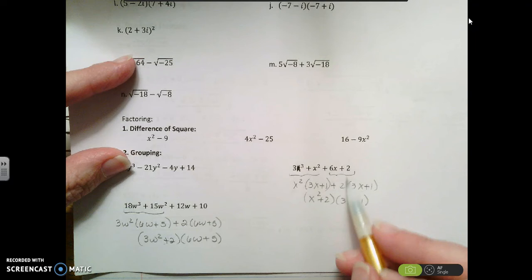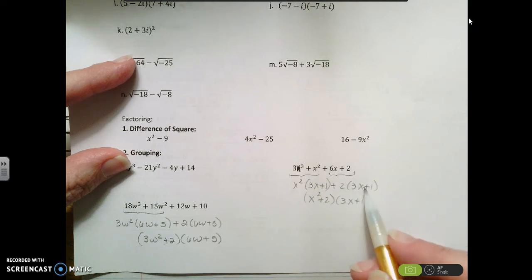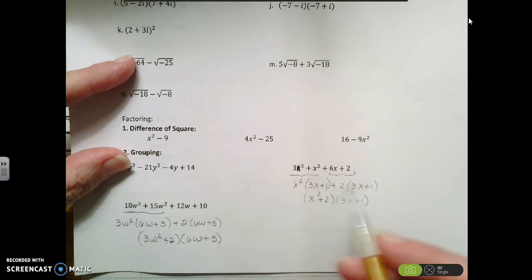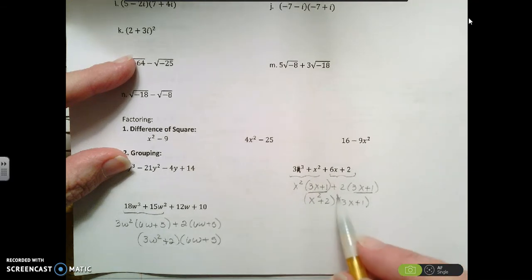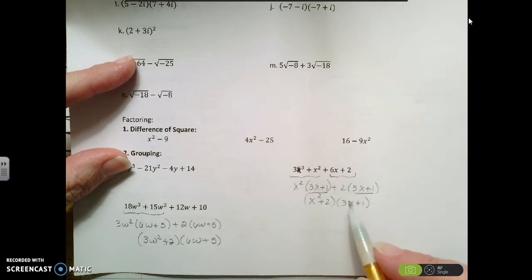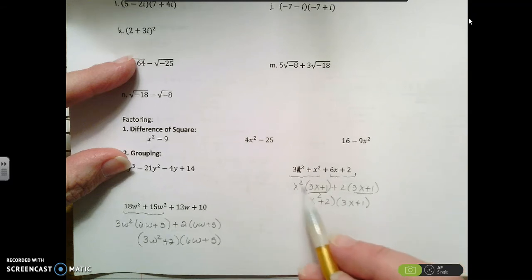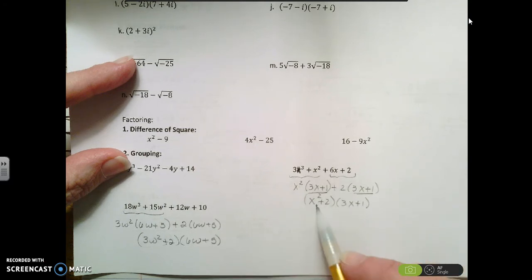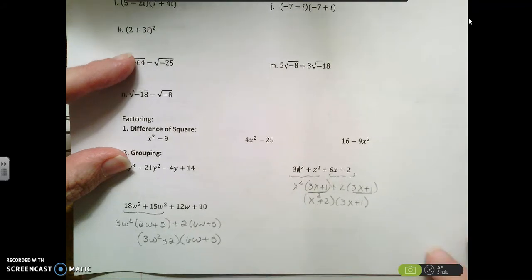These two have a 2 in common, so I am left with 3x plus 1. Now our goal is always to end up with the same thing here. So if we don't, then maybe we didn't factor it correctly, or it can't be factored. So you have to keep that in mind. So I'm left with the x squared plus 2, and I rewrite the 3x plus 1 as its factor by itself. And there's my factor.